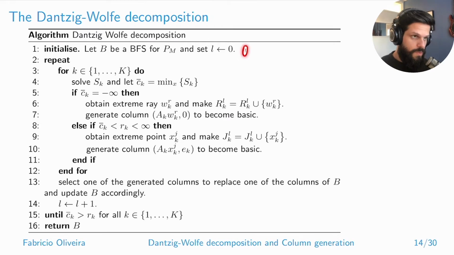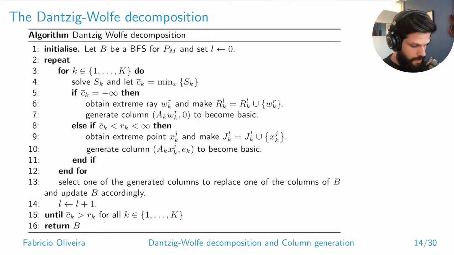So you start with a basic feasible solution for your main problem, and we repeat the process of looking at each of the subproblems, solving it, and checking whether it's unbounded. Because if it is unbounded, then we found an extreme ray to consider in our main problem, and for that we need to generate the respective column.